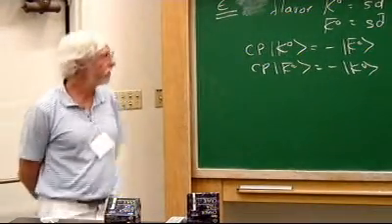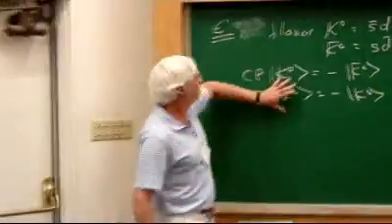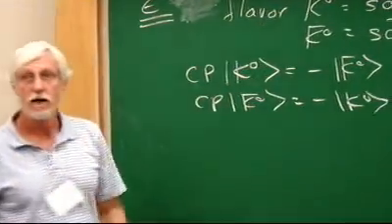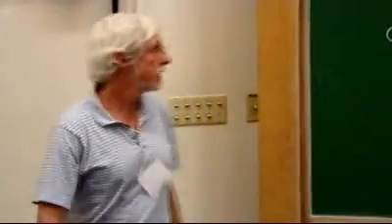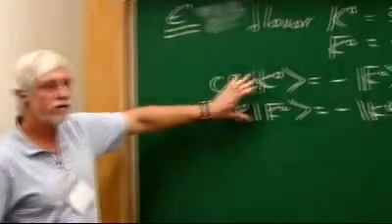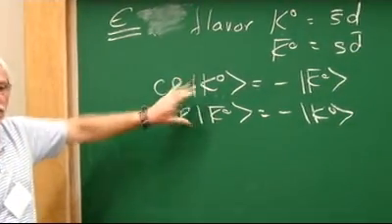And you can see that the sum and the difference of these two states are eigenstates of CP as written, right? So the sum is CP even, the difference is CP odd, and the fact that the actual eigenstates that you see in nature are not eigenstates of CP tells you that CP is violated. The epsilon parameter measures precisely that. So let's see how that works by putting some equations in.